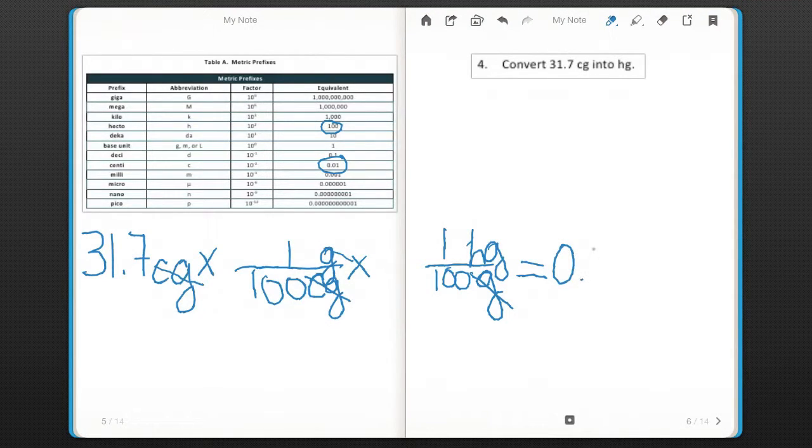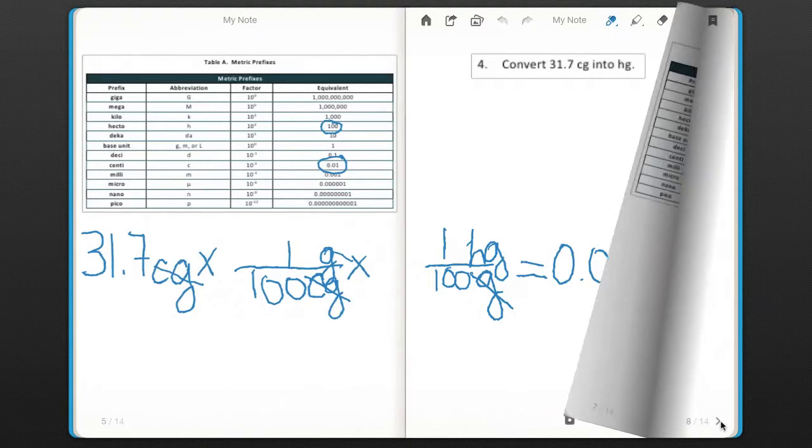We have to make sure that we put our units on here, and the unit we're left with is the hectogram. So now we'll try it with the bump method and see if we agree with that answer.